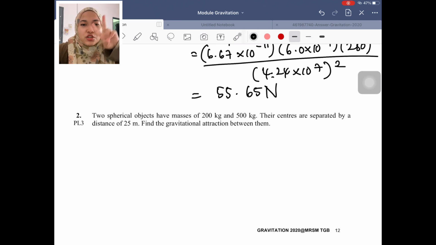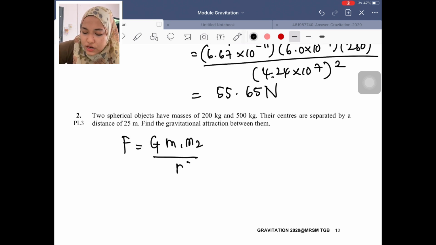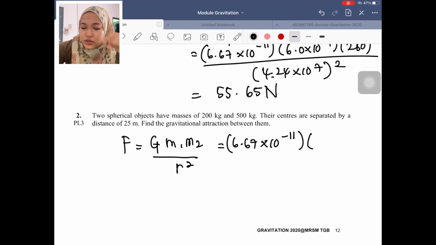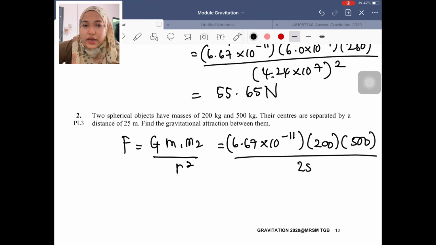So bila kita ada dua-dua on the surface of the Earth, so we use formula F equals to G M1 M2 over R squared. So ini senang je. So plug in the value of constant G. So 6.67 times 10 power of negative 11. So mass number 1 200 and mass number 2 500 over R squared 25 meter squared.